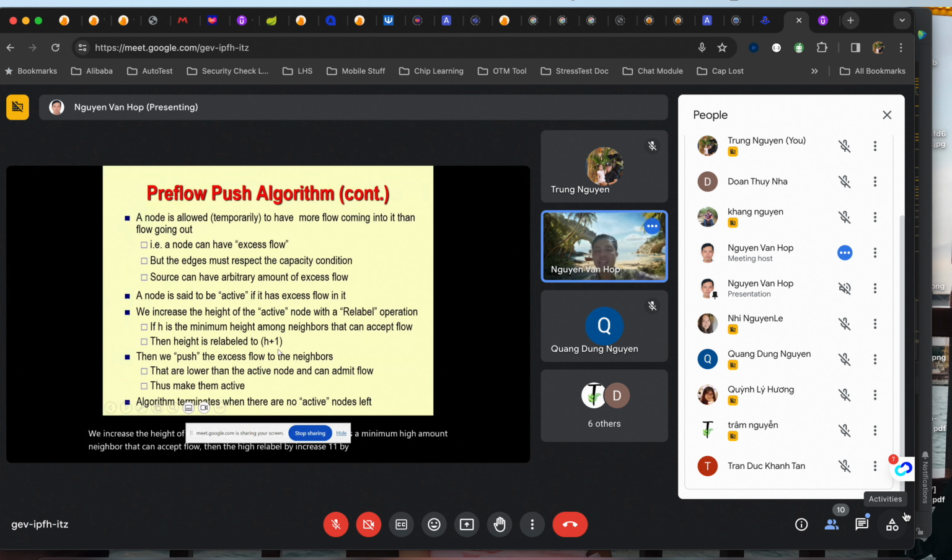That is the way we update the active node. The active node will be relabeled, meaning its height is raised to the minimum height of the neighboring node plus one.